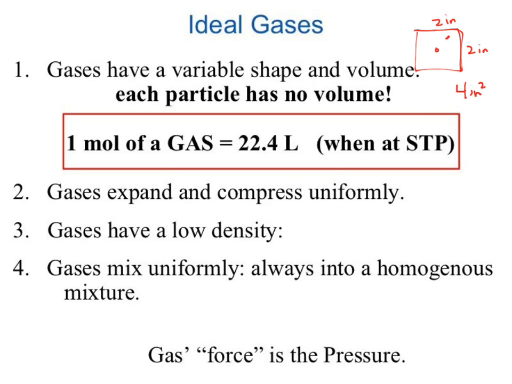We have to be concerned about where our particles can move. If where they move changes, then we have a different calculation to account for. When they're small particles, that change is minuscule. Instead of 4 inches squared, we'd have 3.999999 inches squared. As far as sig figs go with our calculations, no change.